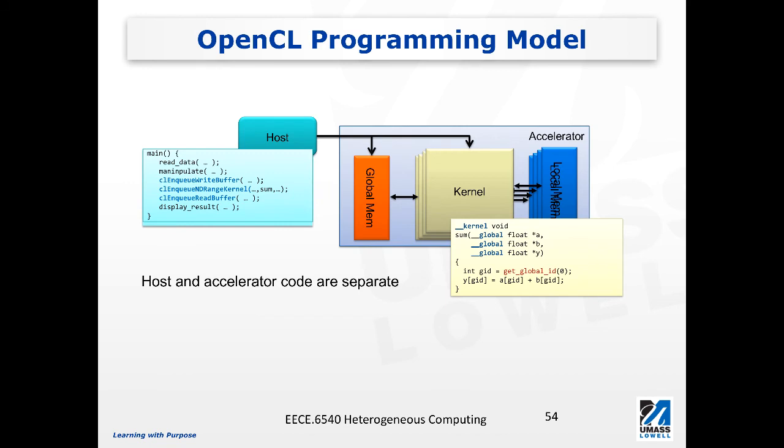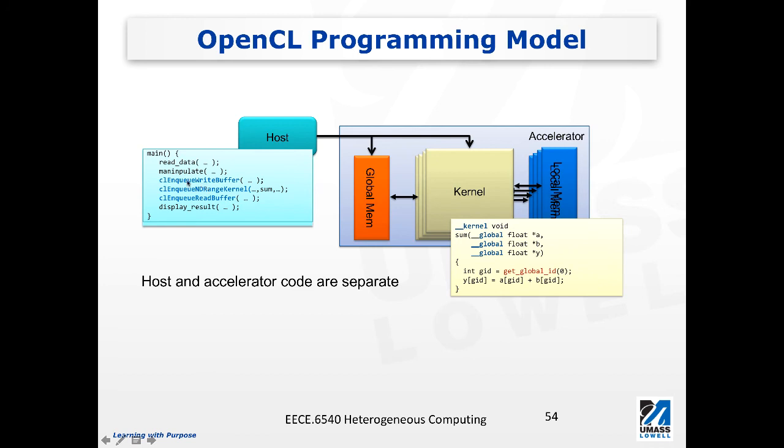Now we're taking a different view of this kernel-based OpenCL programming. What we see here is not only the accelerator, in our case the FPGA, which has global memory and local memory, and the kernels instantiated on the multiple compute units. In addition to that, we have the host-side processor and also the host-side program.